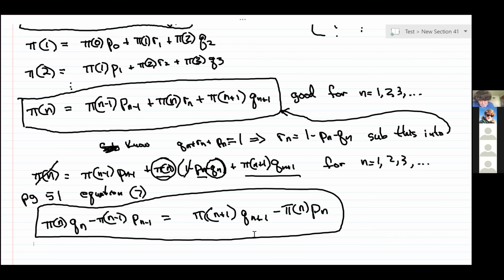Now, if you look at it, what's on the right and what's on the left look the same. What does that mean? Well, if I take what's on the right of the equation and I just carefully replace n plus 1 by n, I'd get pi n here. I'd get qn here.